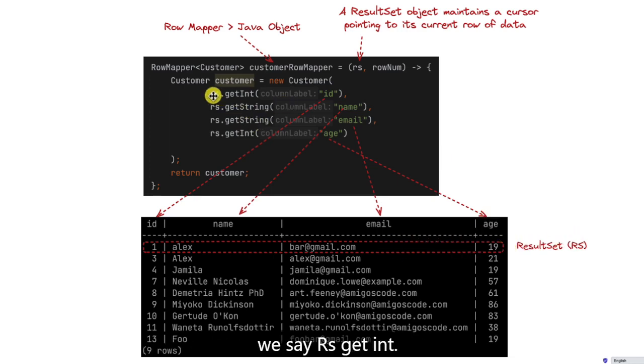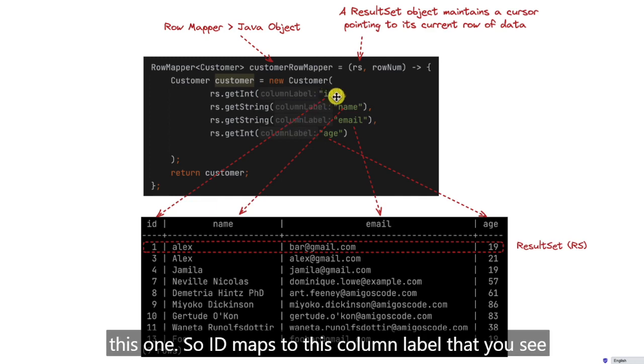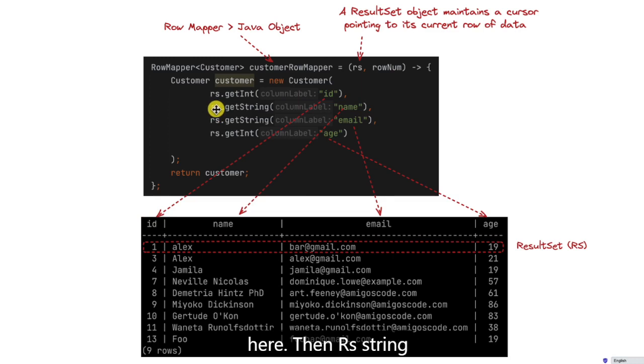So when we say rs.getInt, so int is the data type for our ID, and then we pass the column label. So the column label is this one. So ID maps to this column label that you see here. Then rs.getString maps to this column.